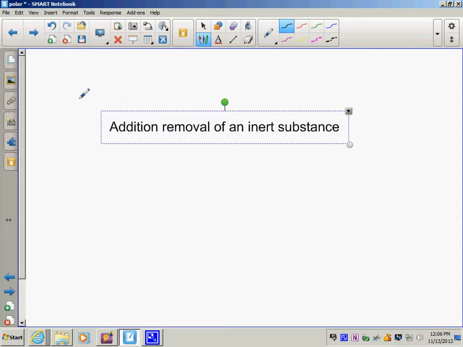There are other things here. This one says other types of stress: what if we add or remove an inert substance? Inert means it's not doing anything in our reaction. A plus B yields C, solid, aqueous, and gaseous. What if we add D?